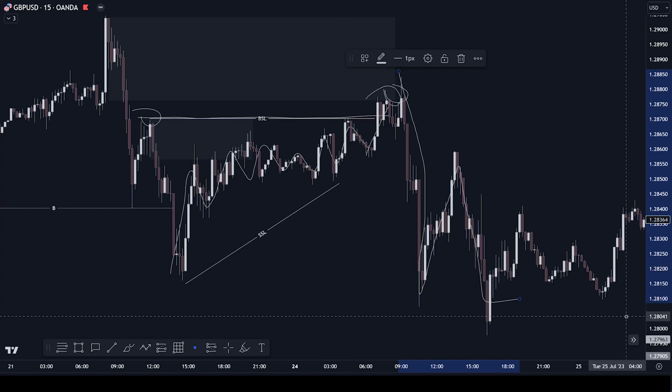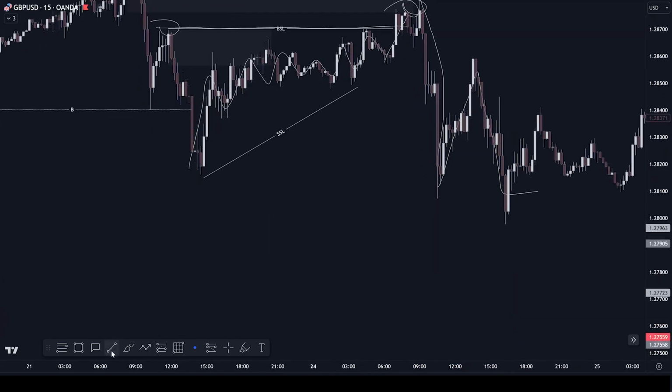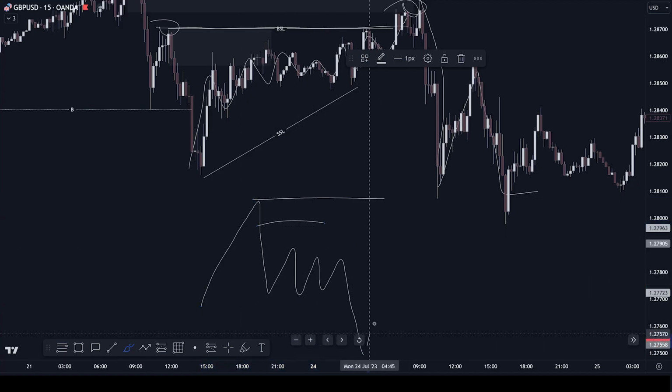So on the liquidity, it is really important to always have clear liquidity that is driving your supply or demand area.